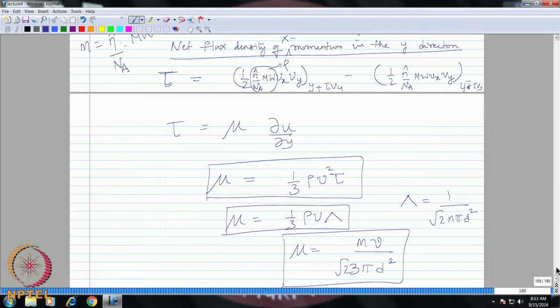We cannot apply this to liquids, right, because according to this, your velocities will keep increasing with increasing temperature, which means that the viscosity will keep going up with temperature, that is valid only for gases. For liquids the opposite behavior is seen, with increasing temperature viscosity drops. So, this model is not valid for liquids.